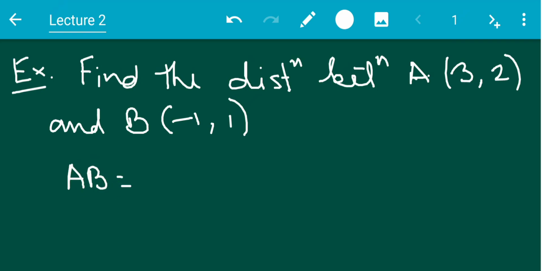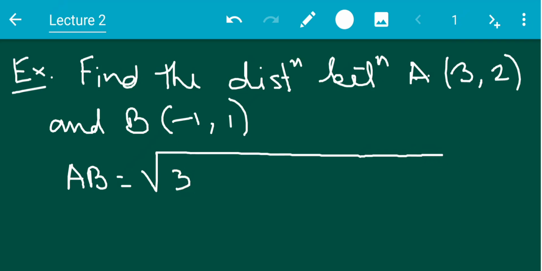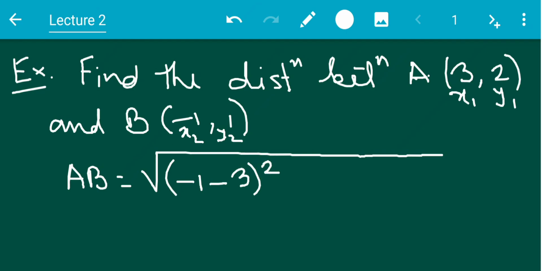What is AB? The distance formula uses x2 minus x1, y2 minus y1. Let us denote the points as x1, y1 and x2, y2. Then this is minus 1 minus 3 whole square plus 1 minus 2 whole square.